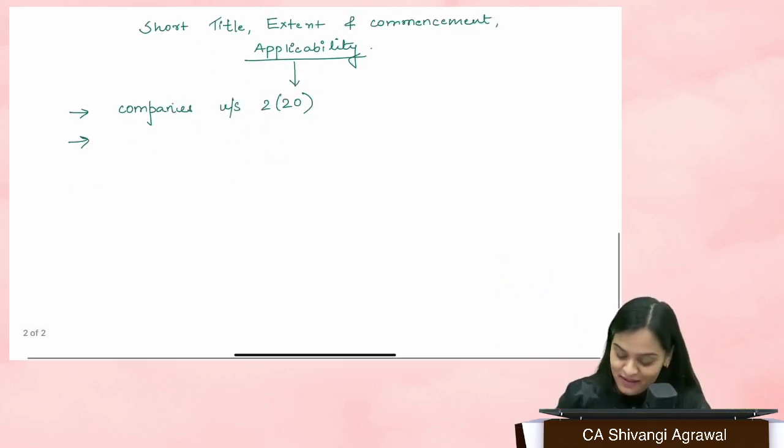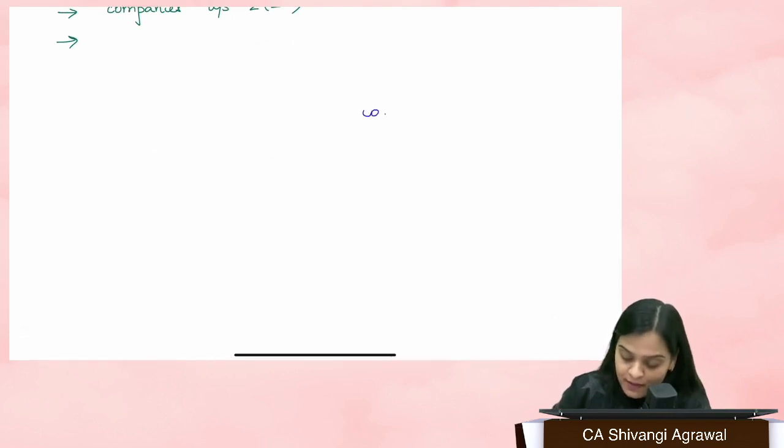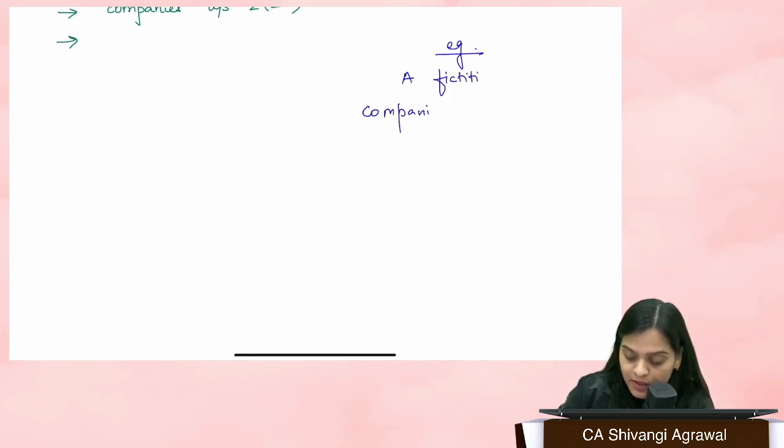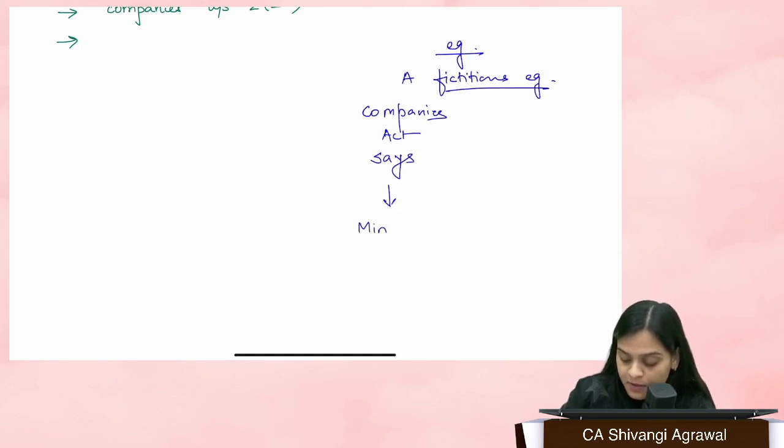Now let's say, a fictitious example I'm taking. Companies Act says minimum 3 directors.